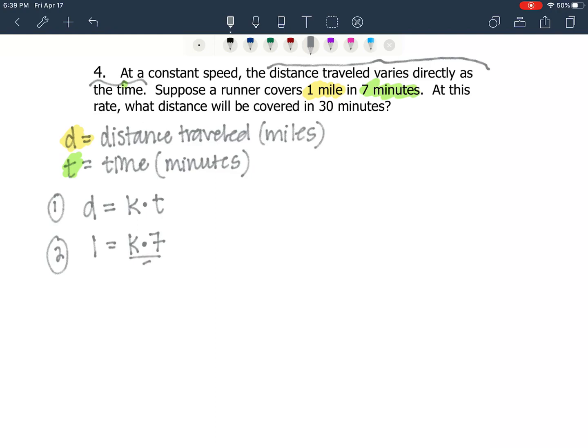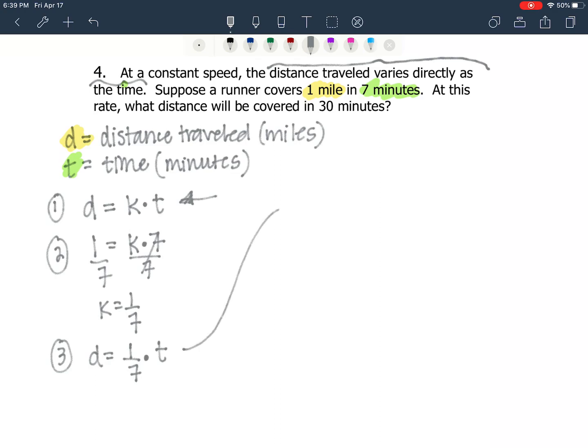I'm going to divide both sides by 7, and I get K equals 1 over 7. So my specific formula is, going back up to step 1, D equals 1/7 times time.